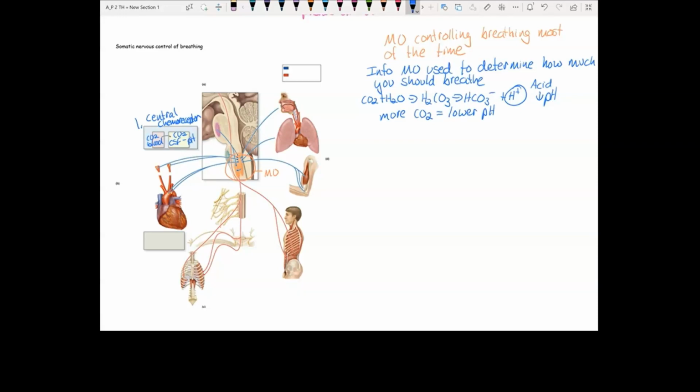So our first piece of information is pH of cerebrospinal fluid. And this is detected by your central chemoreceptor. It's called central because it's right there in your brain. It's this part right here. Okay, number 2 is your peripheral chemoreceptors.